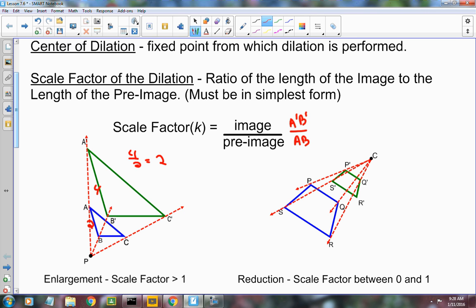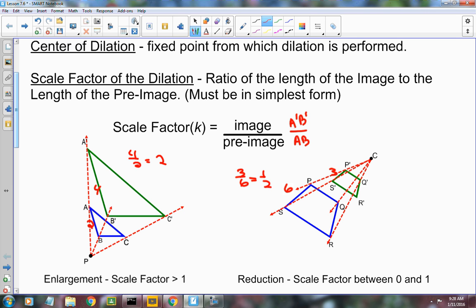This one is a reduction. So let's look at the sides PS and P prime S prime. Let's say that this is a 6 and this is a 3. Well, these are my primes, so this is my image, this is my pre-image. So it's image over pre-image, so it would be 3 over 6, which is 1/2.